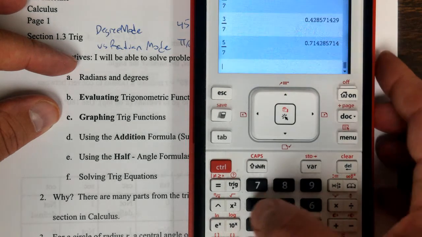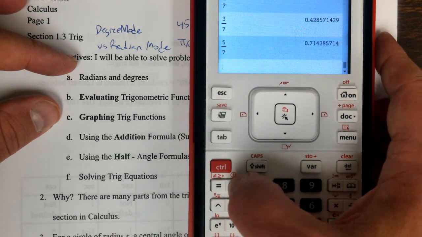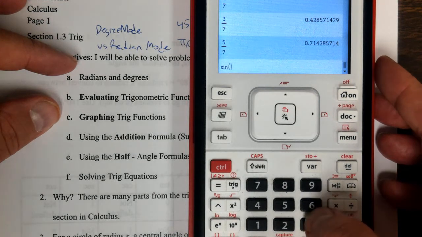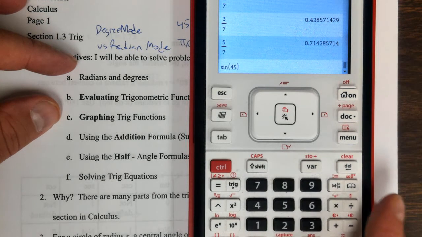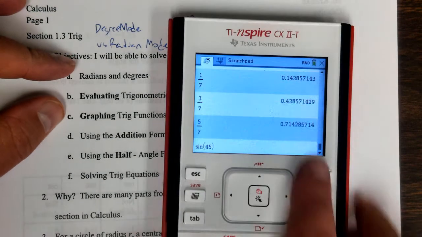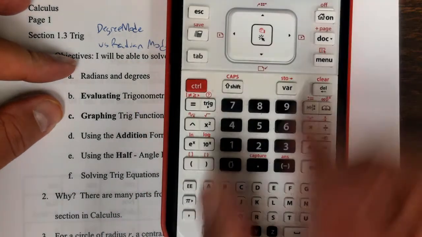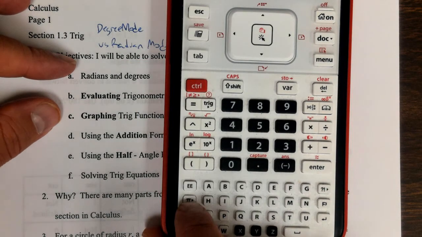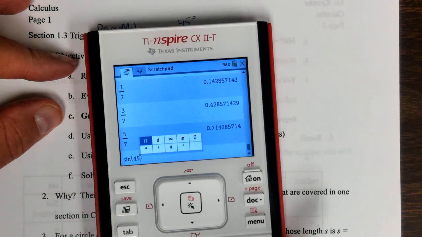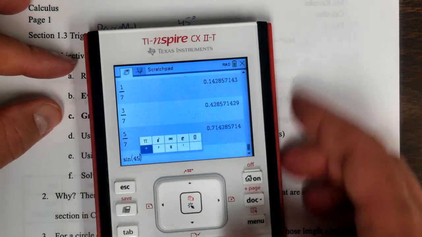go to trig. So if I wanted to do pi, I'd have to hit the pi button, and there's a menu. It's a little symbol.